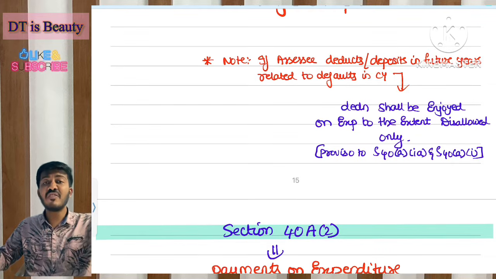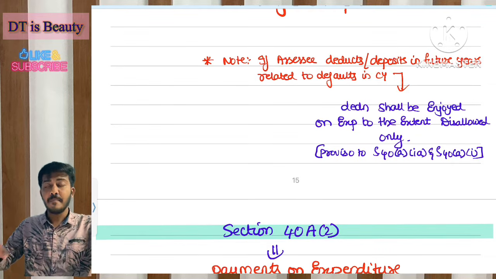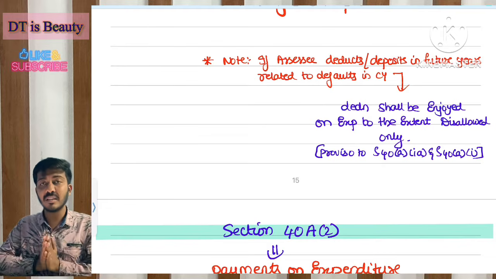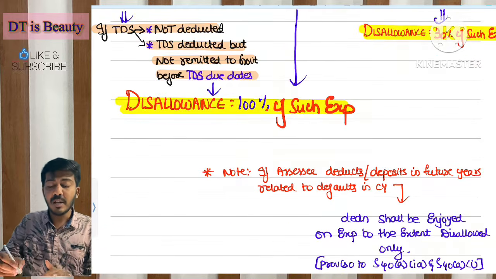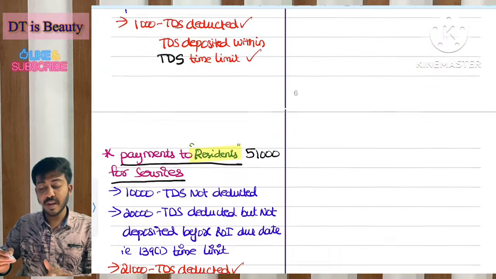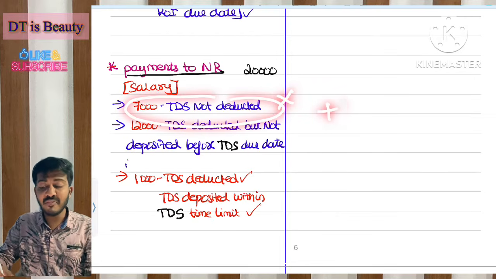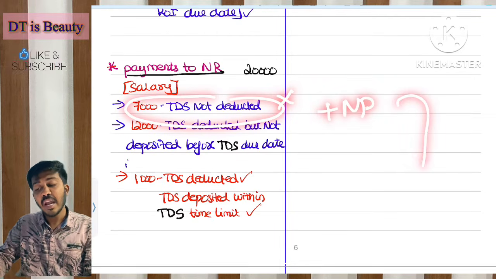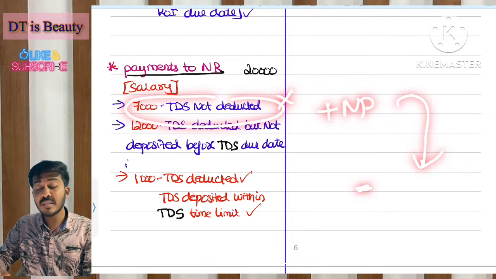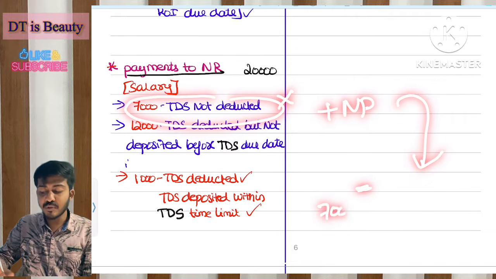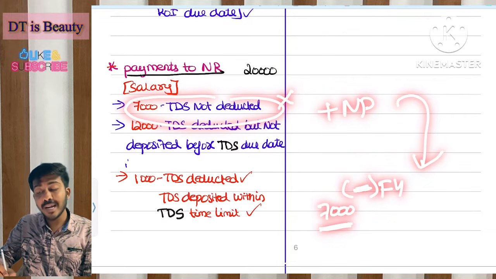However much deduction he suffered in the past, that much will be allowed as deduction in the current year. Say for example, in the given question, he suffered 7,000, right? We have added it to the net profit, right? In the future, if he realizes his mistake and deducts TDS to the extent of 7,000, in the future years you can take a minus from your net profit of 7,000.